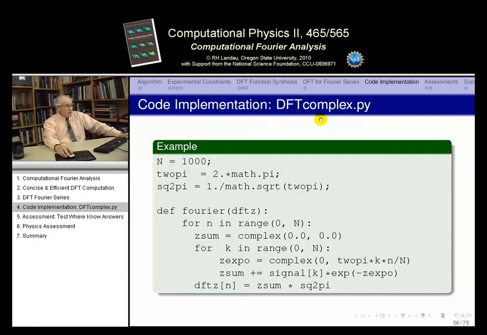So here, this code is Python. It's essentially identical to C or Java. Fortran would have the same structure, but it'd be a little bit different. What you see here is, there's just some constants up front. The number of points we're doing, 2 pi, which is just 2 times pi, etc., normalization. And here we're defining a function. So we just call this function to do a Fourier transform.